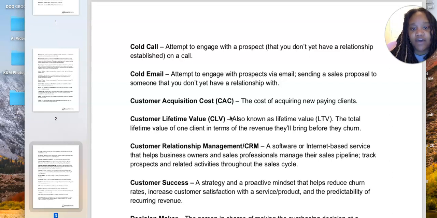Customer lifetime value, which is known as a CLV, which is also known as a lifetime value. A lifetime value is the total lifetime value of one client in terms of the revenue they'll bring before they churn.